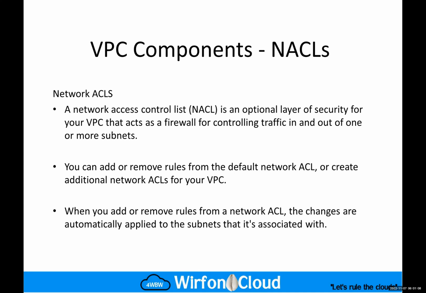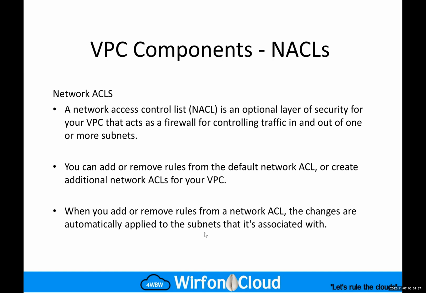You can add rules. So these NACLs are a set of rules that you can add to the default NACL. You also have a default NACL for each subnet that you have, and you can add additional rules to it. When you add or remove rules from the network access control list, these changes are applied automatically to the subnet.